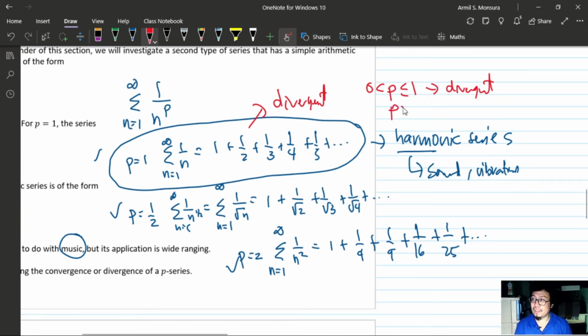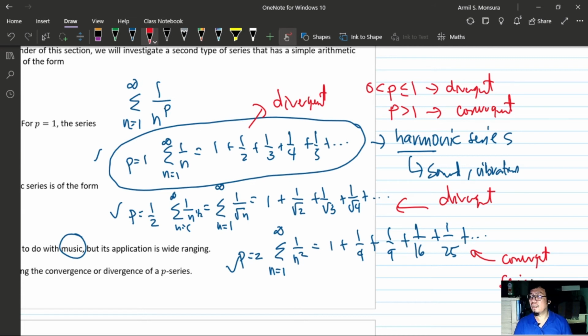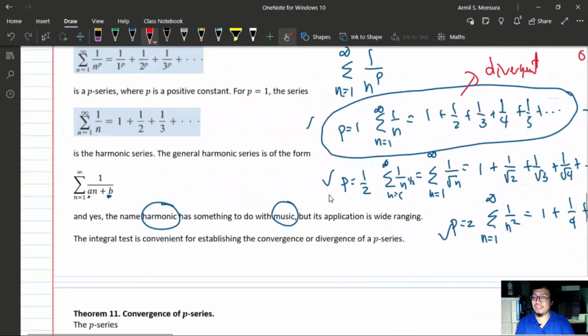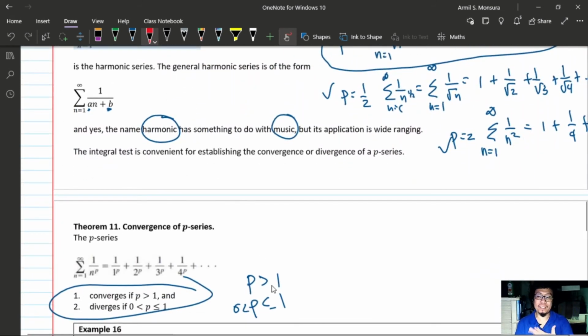And when P is greater than 1, your P series is a convergent series. Therefore, this is a divergent series, this is a divergent series, and this is a convergent series. Theorem 11 provides a very simple arithmetic test to determine whether a P series converges or diverges.